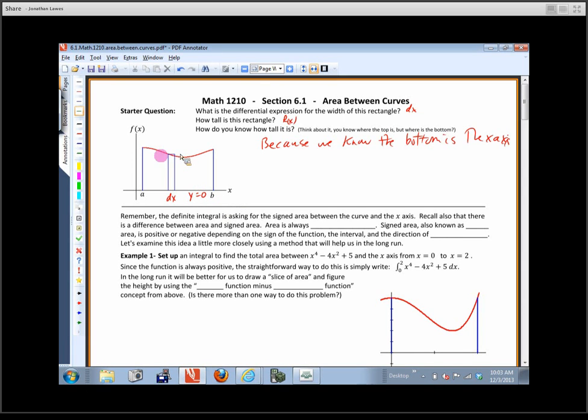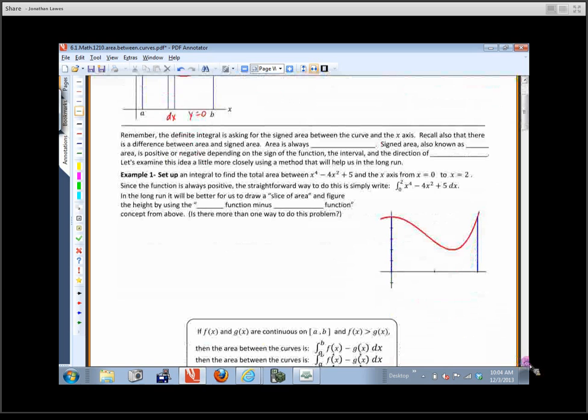So if we've got this function height up here, if we've got this point right here that's f of x, above the x-axis, which is 0, we're going to be precisely f of x units above the x-axis. So the short of this is we know where the bottom is. The bottom's at 0. Okay, and we're going to change that just a little bit in a second.